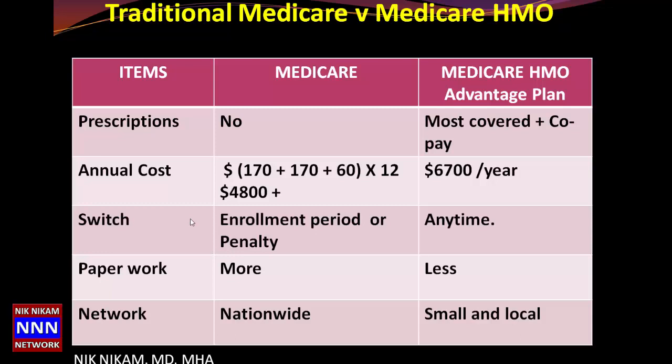Medicare, you need to enroll in a certain period between January and March. If you don't enroll in that period, you can still enroll, but there may be a penalty and interest. Whereas you can switch from Medicare to a Medicare Advantage plan at any time, usually at the end of the month, but you need to be prepared when you come from a Medicare HMO or an Advantage plan back to Medicare.